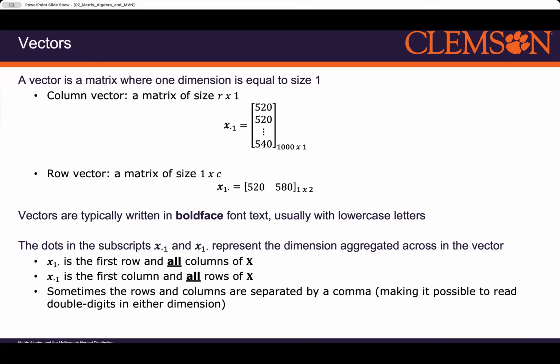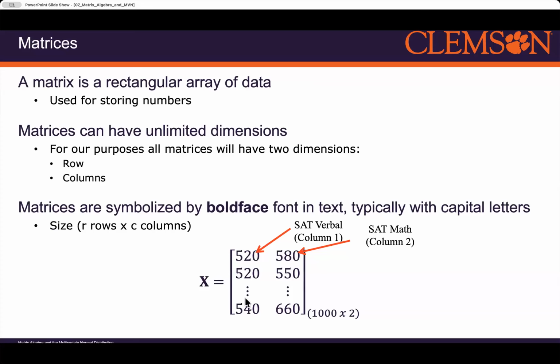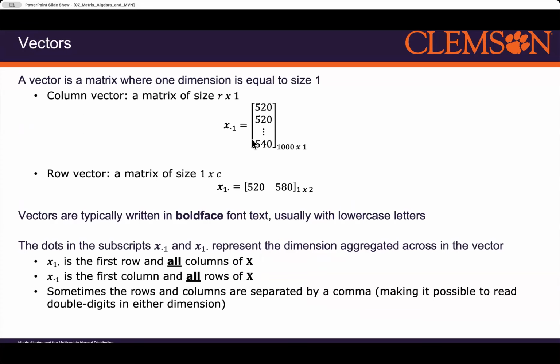Now, a vector is a matrix where one of the dimensions is equal to size 1. More specifically, in this case, a two-dimensional matrix where one of those dimensions is size 1. So if we were to look at just SAT verbal, just this column of our matrix, that would represent what we would call a column vector, right? It will have 1,000 people, but it will have one column.